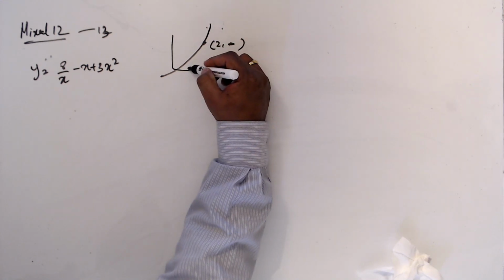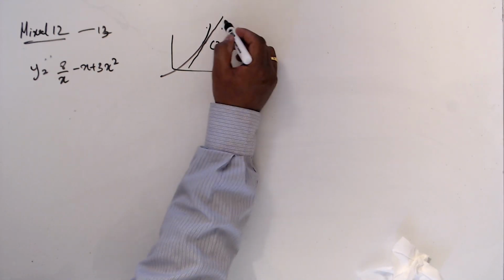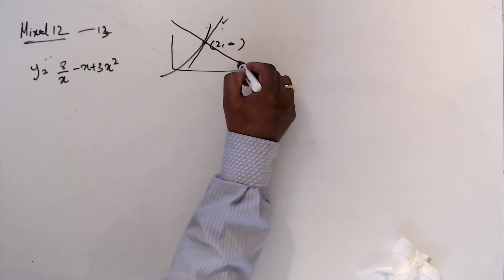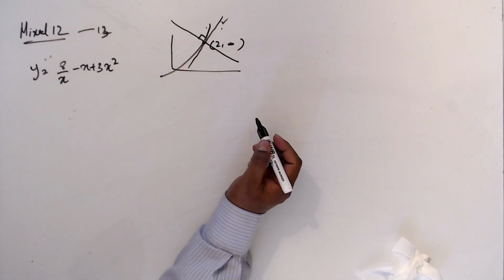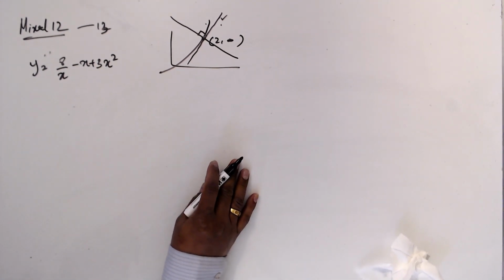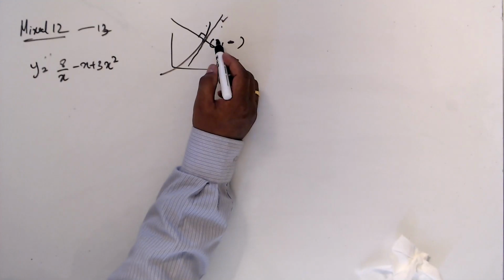So they want to know the tangent line equation, and for this point if you draw a normal, the equation of that. So we need to find this point first, because when you find the gradient we need this point.